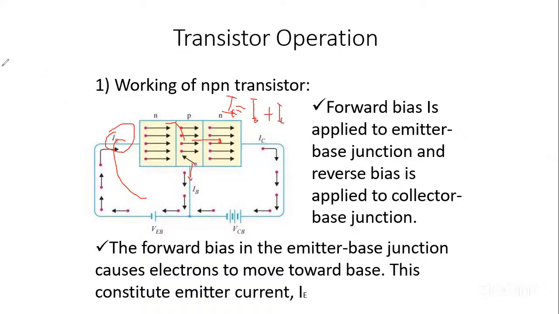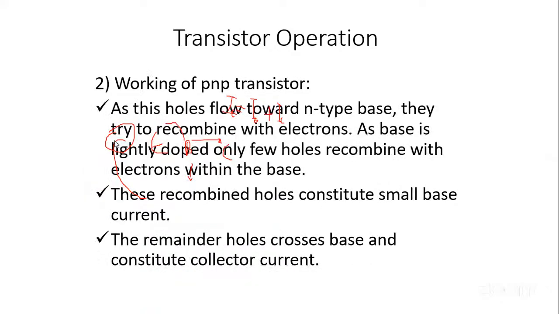So that is the current relationship between the emitter, the base, and the collector. The left side is the emitter, the center is the base, and this is the collector.